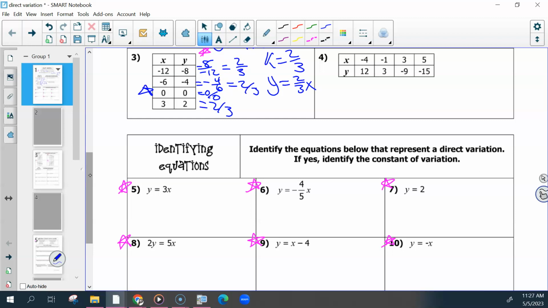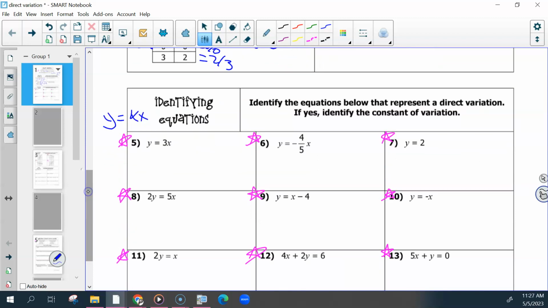So not only do you have to be able to find k, you also have to recognize if an equation or graph is a direct variation or not. So if it looks like this format, y equals kx, it is a direct. If it doesn't, then it's not. So would 5 be direct? Yes. So since it is, what is your k value? 3. Is 6 direct?